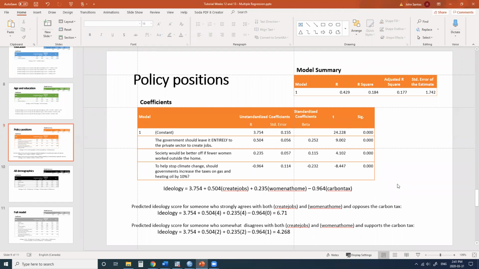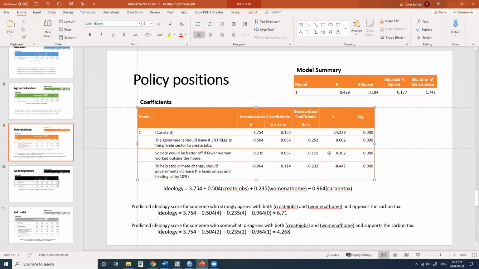Right, and so to sort of go back to that question from before, yeah, we can use the standardized coefficients. Again, these 2 questions, the economic and social value questions, are 1 to 4. They're Likert items, right? Strongly agree, somewhat disagree, strongly disagree. And this question is a binary, yes or no, right?